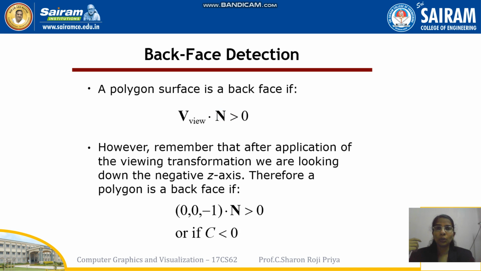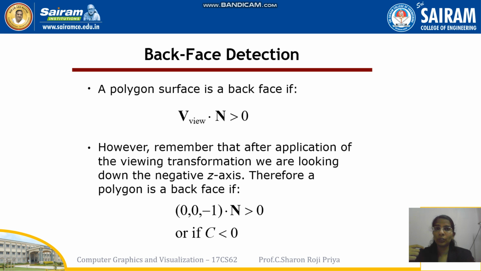If my point is along the view direction, when you take the dot product of V and N, you will get a value greater than 0. That shows the point is on the back face.